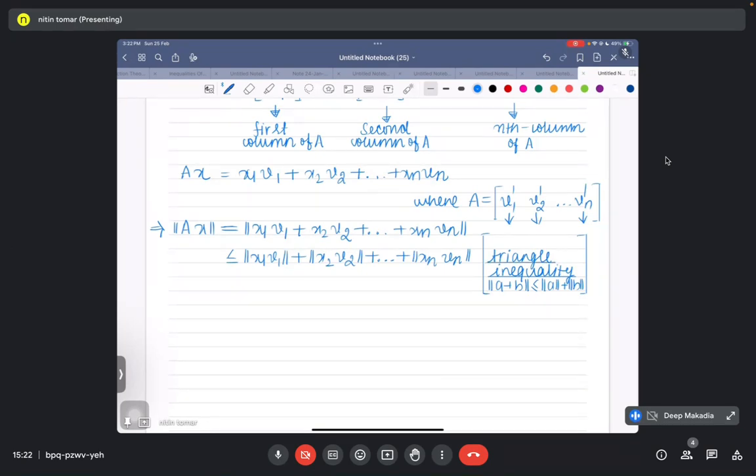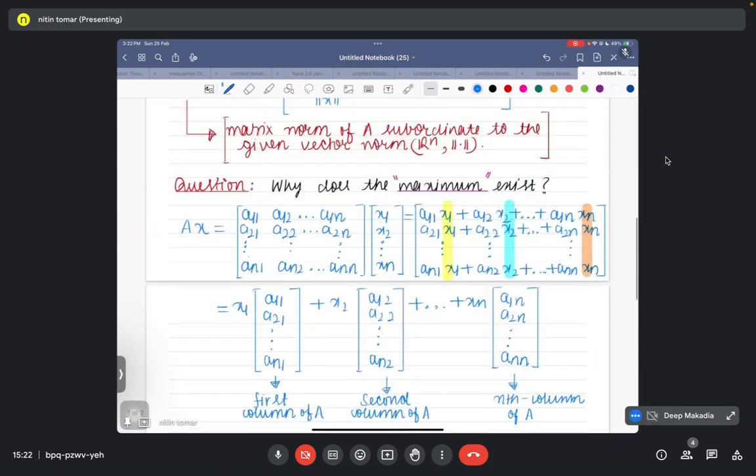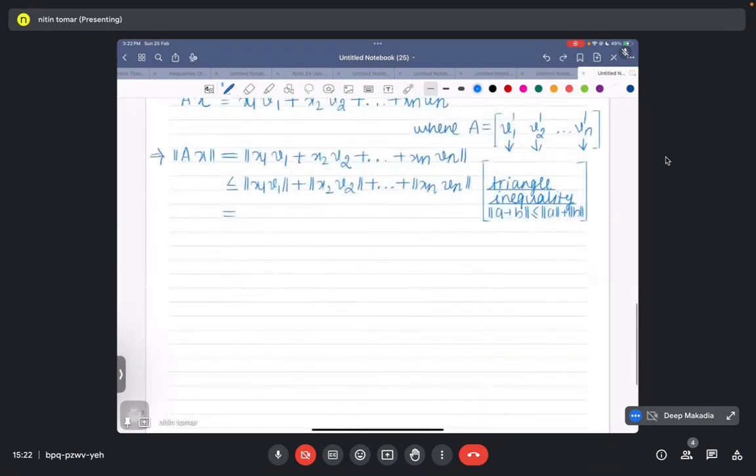Now x1 is a scalar, am I correct? x1 is a real number. And v1 is a vector. Remember that x1 up to xn are real numbers, and v1, v2, up to vn are in Rn.